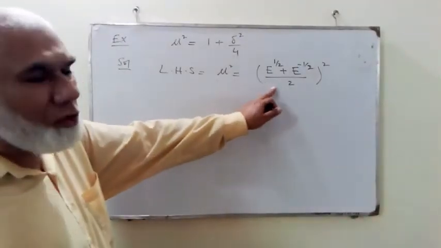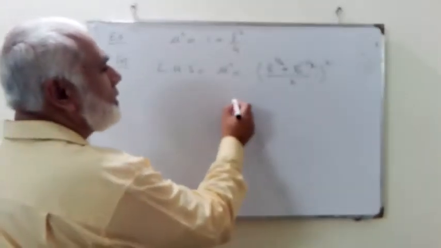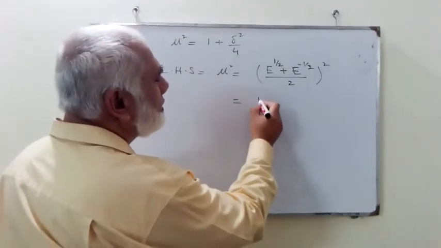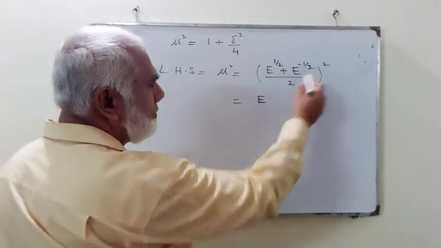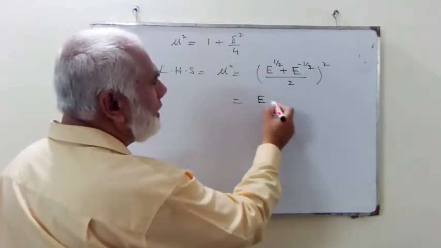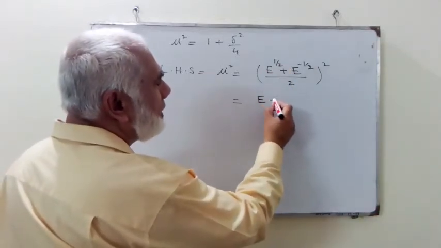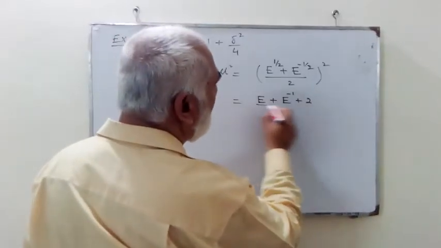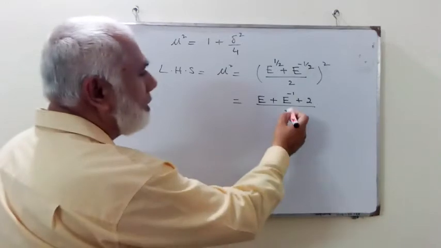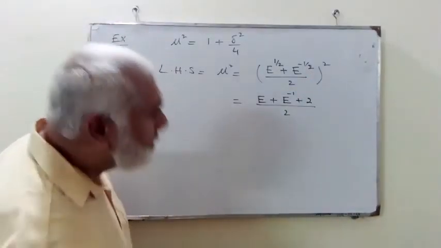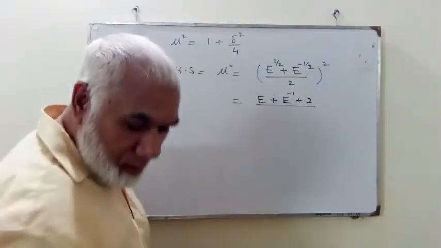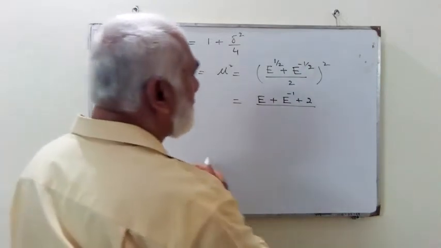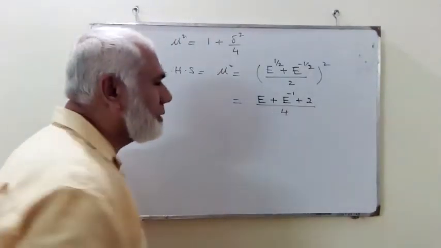Here we have created a relation of this operator with the shift operator. Now we can split the brackets. Taking the square, this can be written as E plus E to the minus 1 plus 2, whole divided by 4. This is the expansion of the bracket, and we got this result.